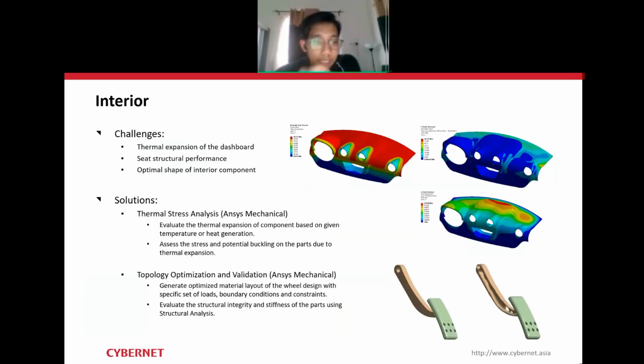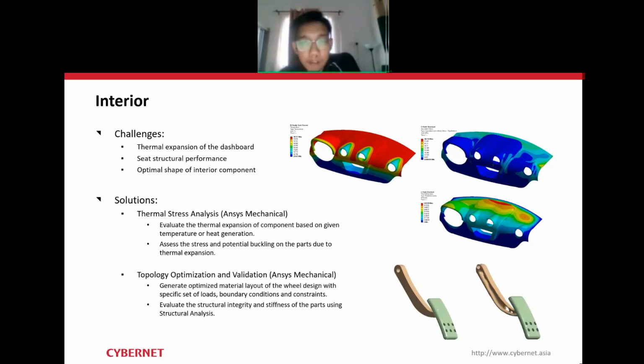Right, so lastly is the interior components of an automobile. Interior parts may be subjected to certain types of loadings, and also require some sort of clever design to maximize the structural performance, help in the material selection process, and subsequently reduce the overall cost of the design.